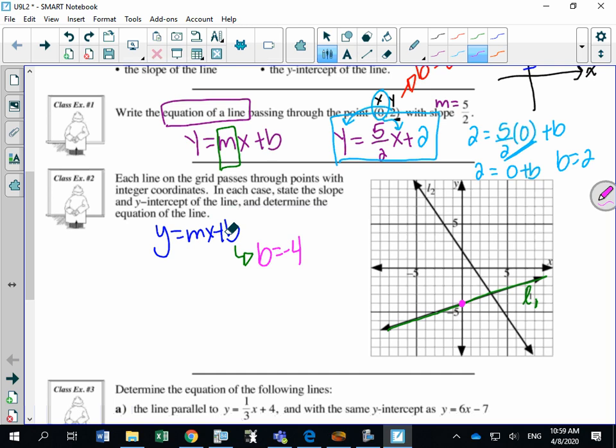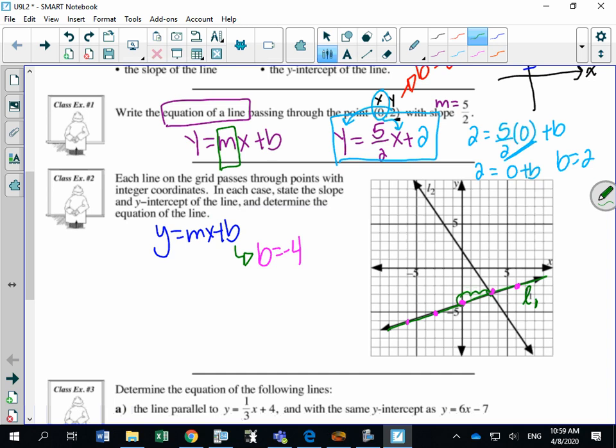What I'm missing is the slope. So what I now need to do is go along this green line and find another nice coordinate where it goes through like a crosshairs. So from my y-intercept, let's figure out what the slope is. What's the rise and what's the run? My rise is 1 and my run is 3.